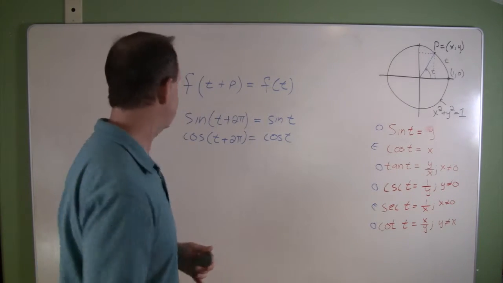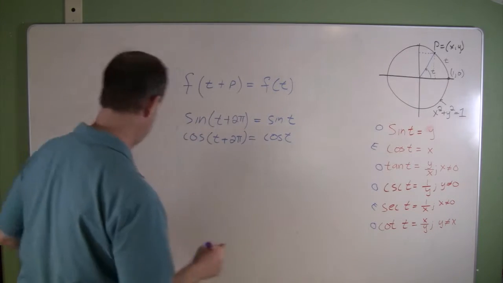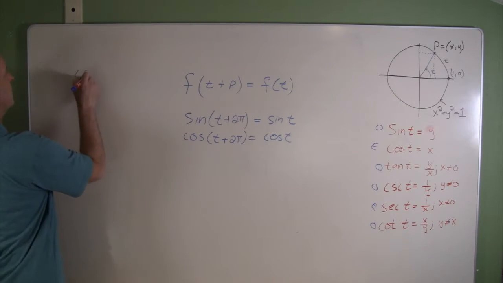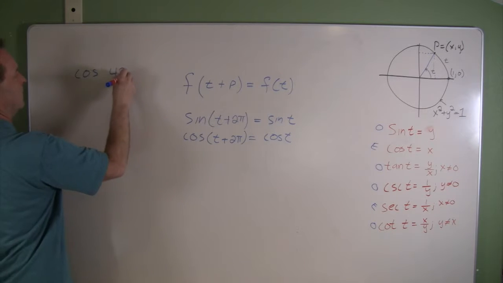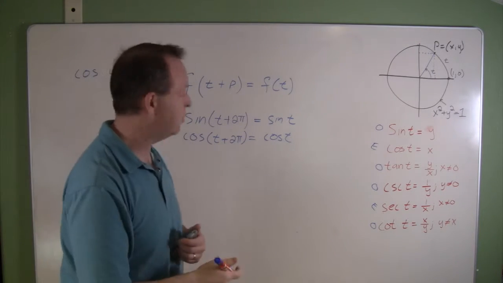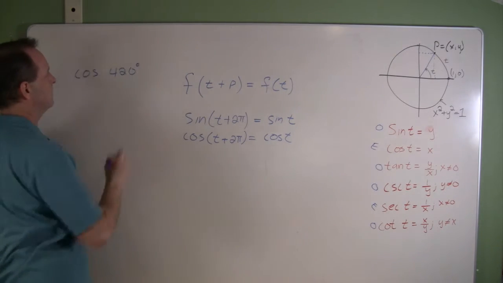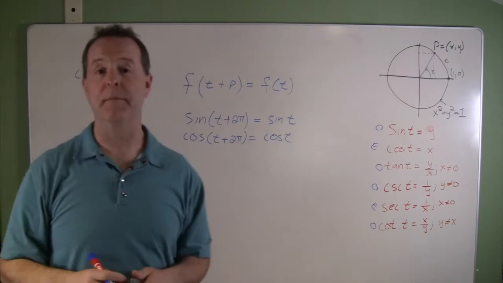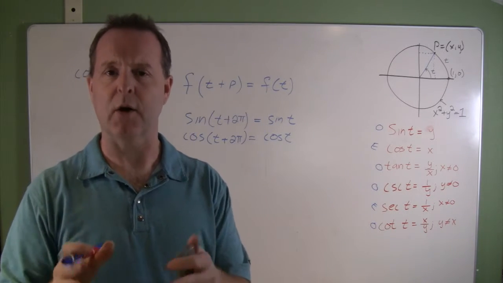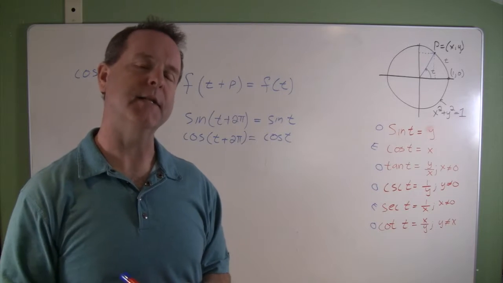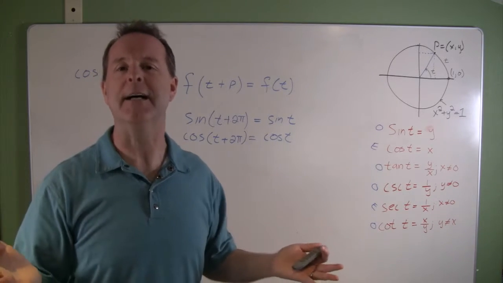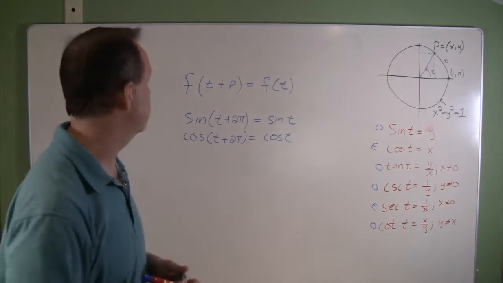So let's see how that plays out with an example here. The cosine of 420 degrees. I know this looks a little familiar because we started talking about coterminal angles a couple sections ago. It's the same idea, but we're going to use this idea of periodic functions with that.